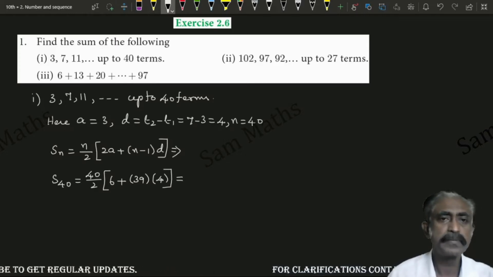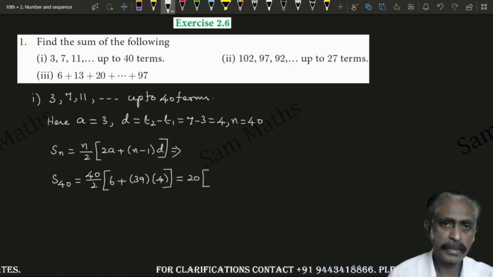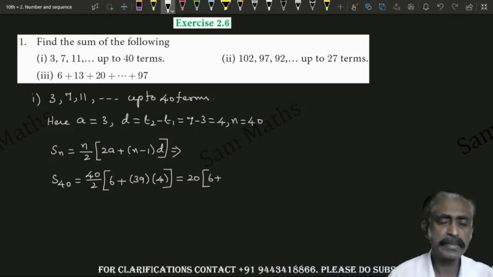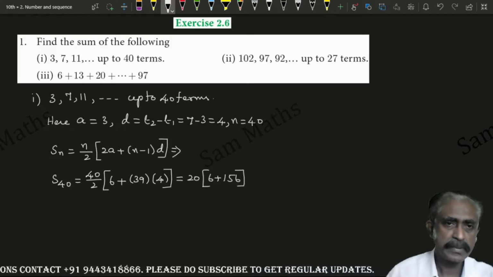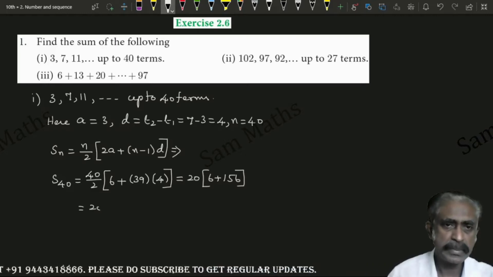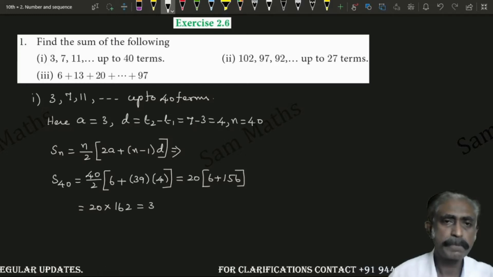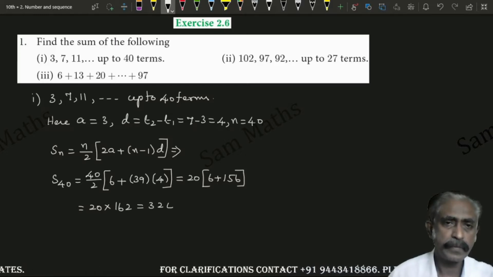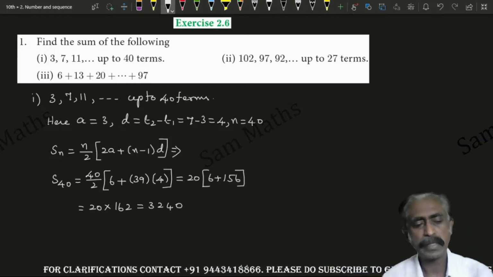which is equal to 40 by 2, it's 20, 20 into 6 plus 39 4s are 156, which is equal to 20 into 162, which is equal to 324 with 1 zero, that is 3240.